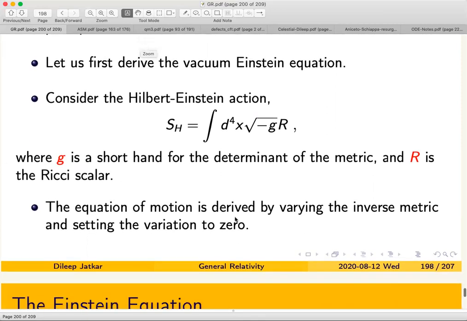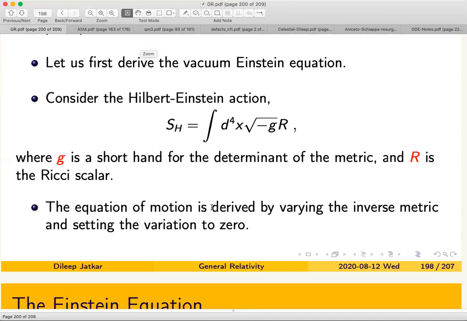To derive an equation of motion from an action, you usually use the variational principle. You change the dynamical variable, which in this case is the metric, a little bit, and that generates some change in the action.